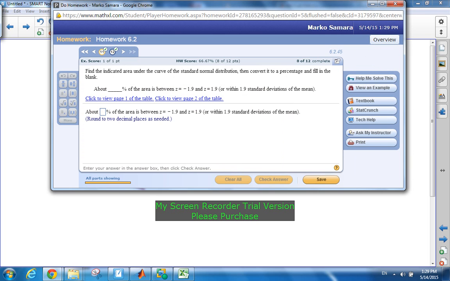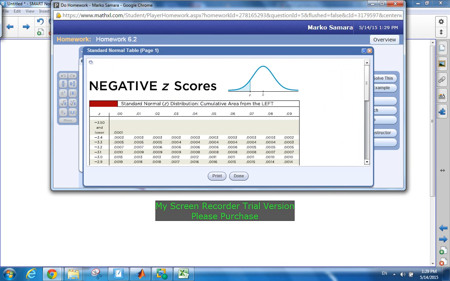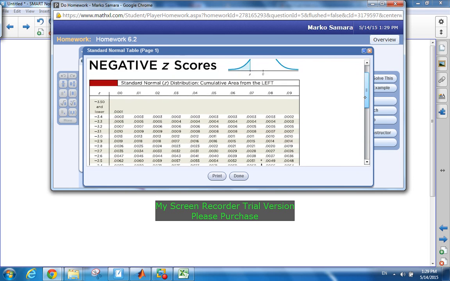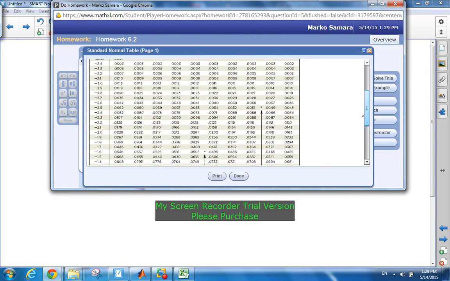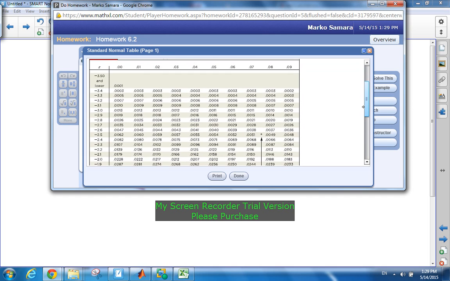Minus the cumulative probability up to negative 1.9. So negative 1.9 is this one, negative 1.90. So that's again the first column, 0.0287.